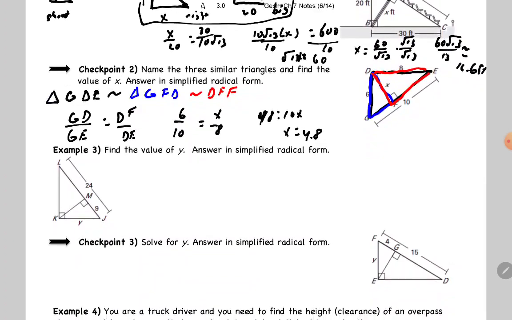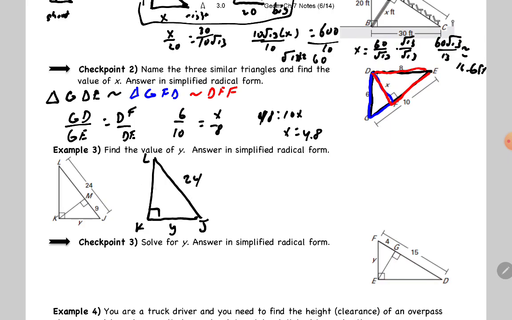Example 3, find the value of y. So if that last checkpoint seemed really confusing, let's try it a different way. So what I'm going to do is always draw your three triangles. It helps a lot. So I'll first start off with the big triangle. So I'm just recopying just the big triangle. So I have LKJ, and this is Y. This is blank, so we're going to leave it blank.